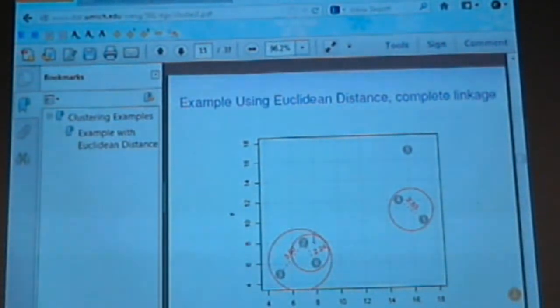But the distance between the cluster 2,6 and 3 is measured by the maximum distance, not the minimum distance. And then these 2 will be joined in one group using the longest distance. That will be between 3 and 5, I think. So that's complete linkage.